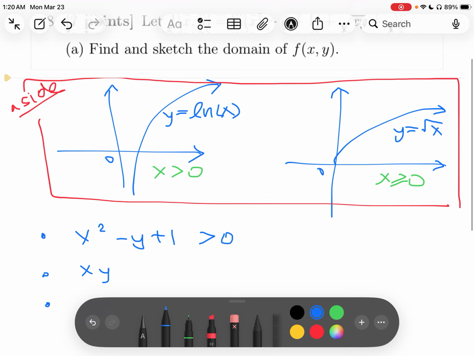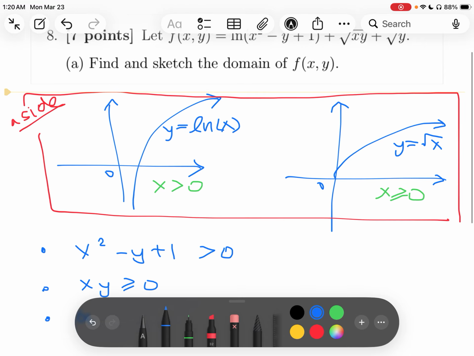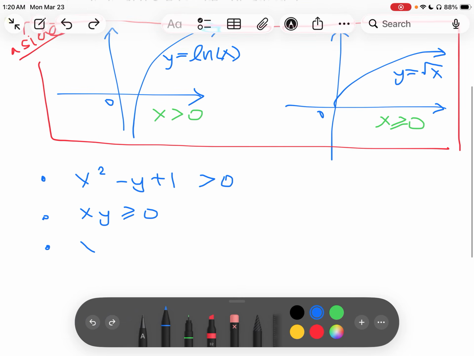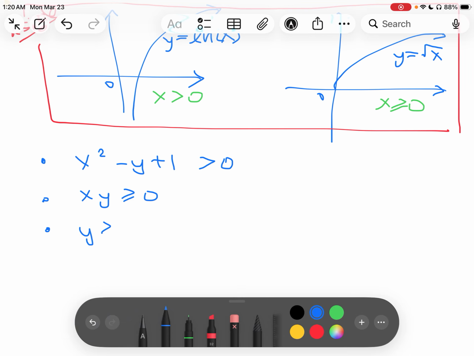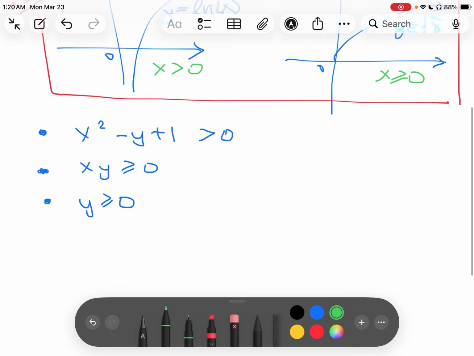xy has to be greater than or equal to 0, and y has to be greater than or equal to 0. For each of them, we can rearrange. For this one it's easiest because we know y has to be greater than or equal to 0.